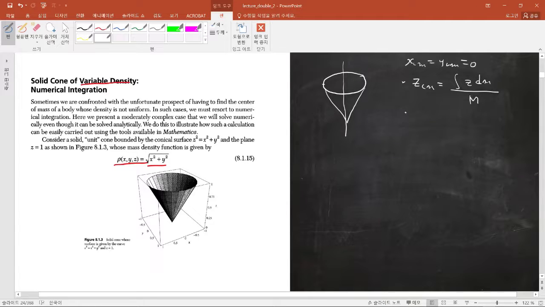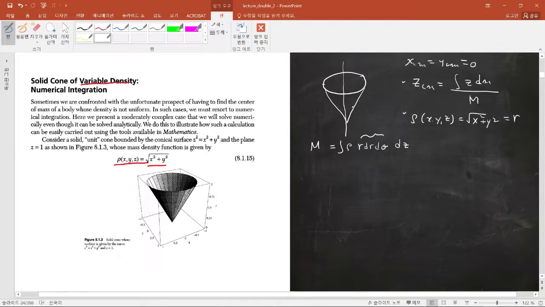And here the point is the density changes with the square root of x squared plus y squared. From the symmetry, it's best to use polar coordinates. So let's first calculate m. M is going to be equal to the integral of rho r dr d theta, which is the polar area element, times dz.